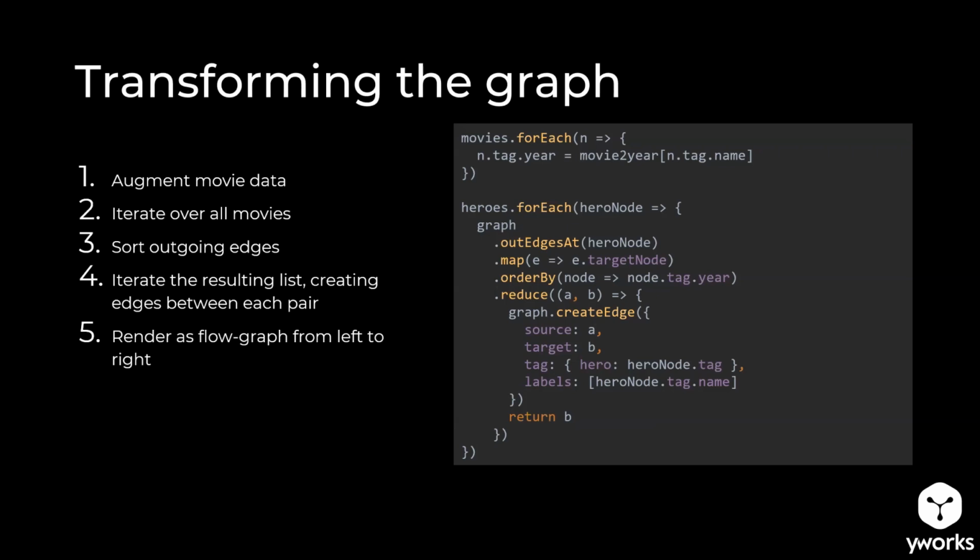We sort each of these lists by the universe time of the movie, and then iterate over the list using the reduce pattern, creating edges between each pair of nodes and tagging them with the original hero node. We also directly add the label to the edge so that we can see the heroes flowing through the graph. This is what it looks like.